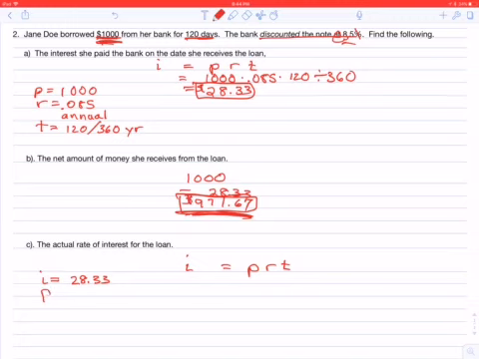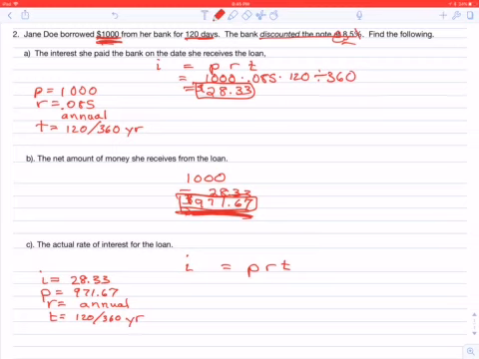We want to find the rate of interest on the money that she received, that $971.67. And we want the rate to be annual, because that's the norm. That's when we usually express it. So we're going to express our time in years. All right, well, she used the money for 120 days, or 120 over 360th of a year.